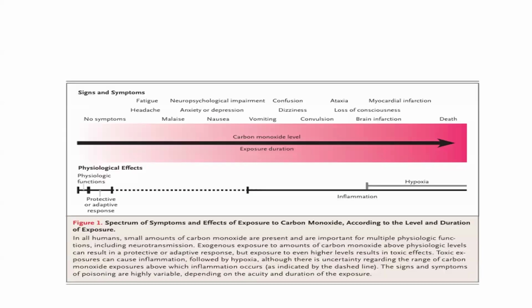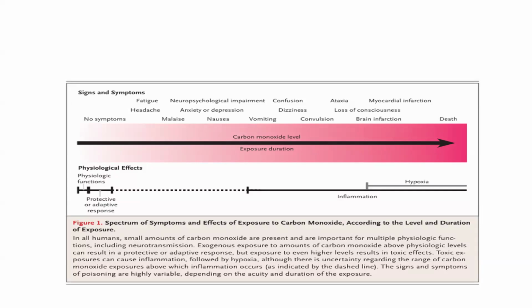So this is the spectrum of symptoms and effects of exposure to carbon monoxide according to the level and the duration of exposure. In all humans, small amounts of carbon monoxide are present and are important for multiple physiological functions, including neurotransmission. But exogenous exposure above the physiological level can result in a protective or adaptive response, while exposure to even higher levels results in toxic effects.